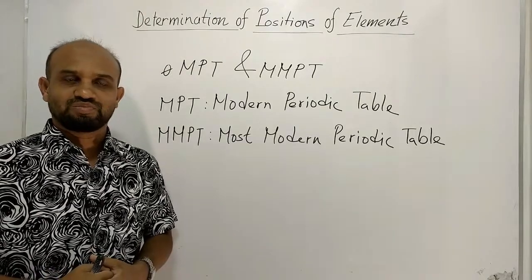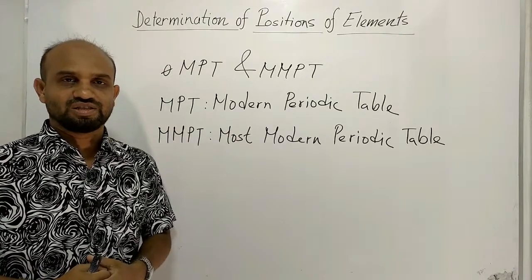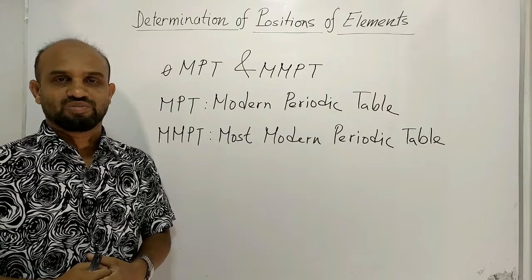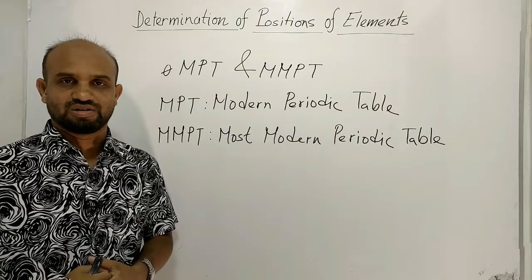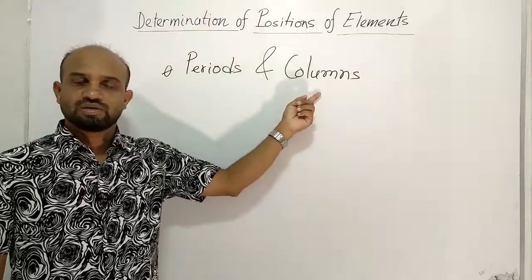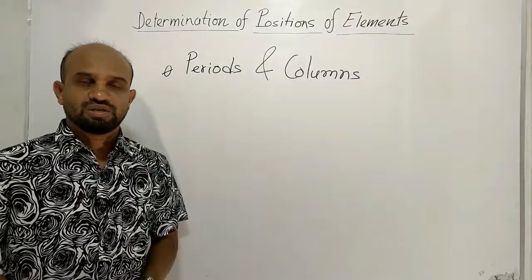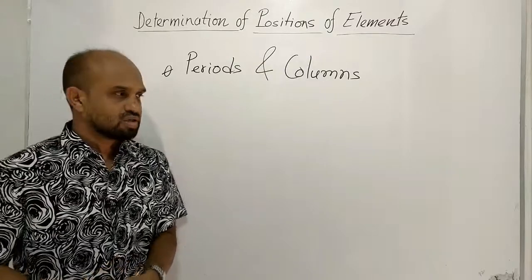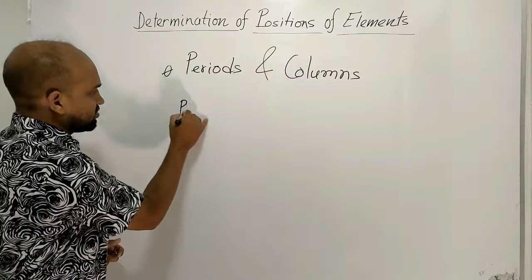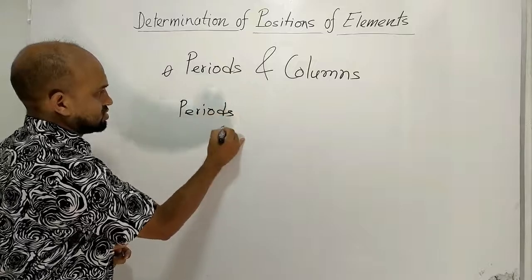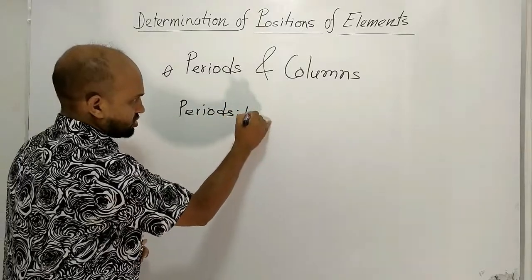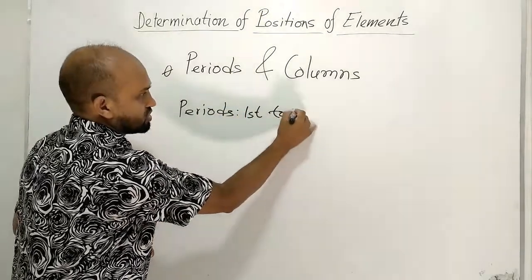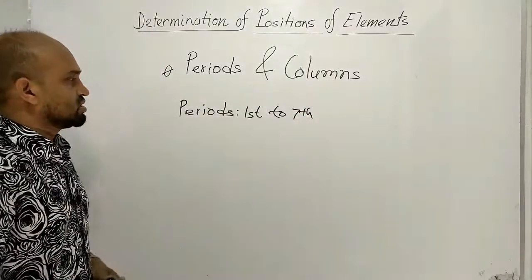Now let's see periods and columns in the modern and most modern periodic table. In the modern periodic table and most modern periodic table, there are 7 periods. Those are first period to 7th period.